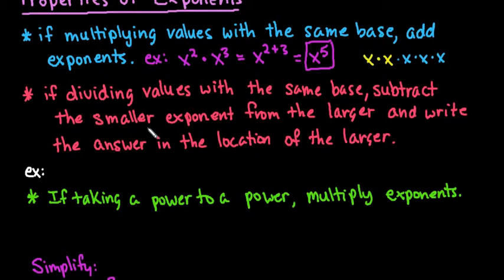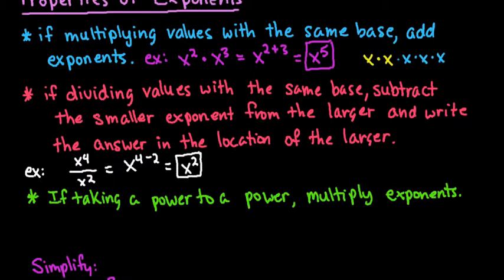I just find it's easier to keep the larger one where it is and subtract the smaller from the larger. So for example, if I have x to the 4th divided by x squared, I can write this as x to the 4th minus 2, which ends up being x squared.